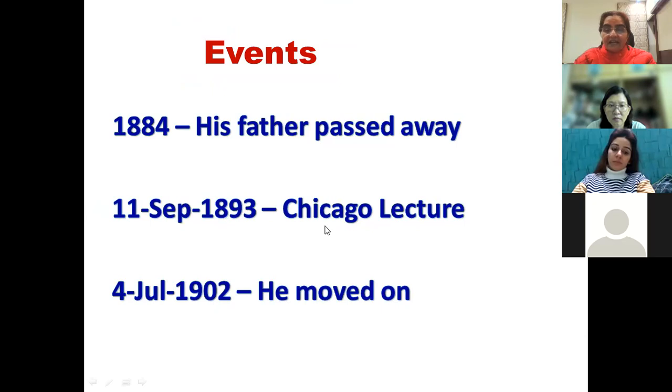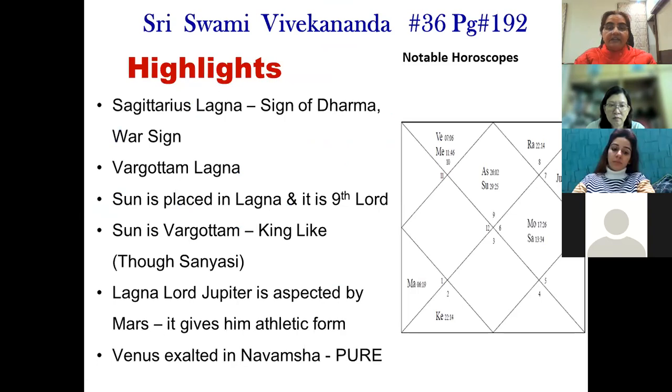He gave the lecture about Hindu religion, and then the Western people started taking interest in Hinduism, and they understood what Hindu philosophy is. That's the Indian Dharma. So he has done a very great job for India and for our religion. Otherwise, before that, no one in the Western countries knew about it.